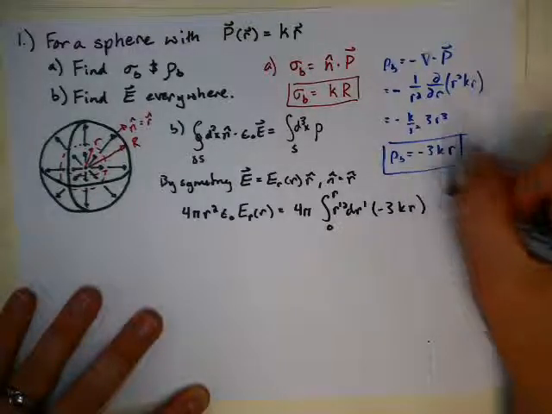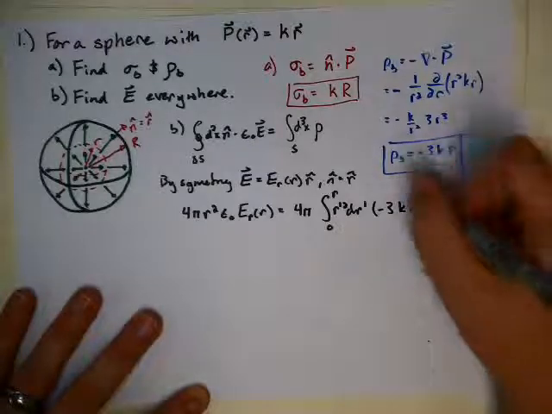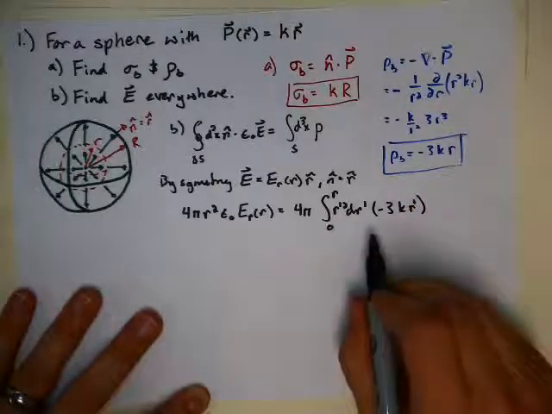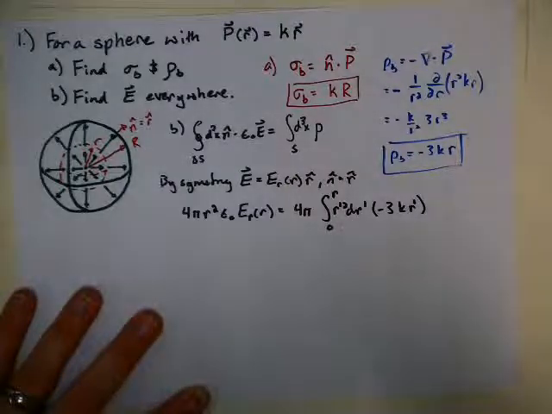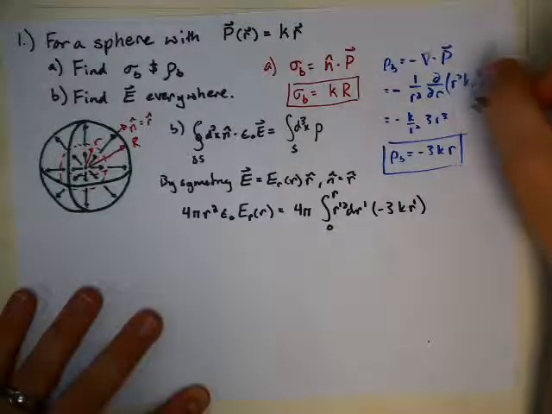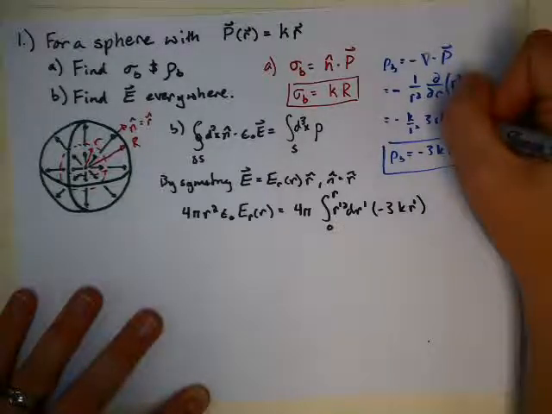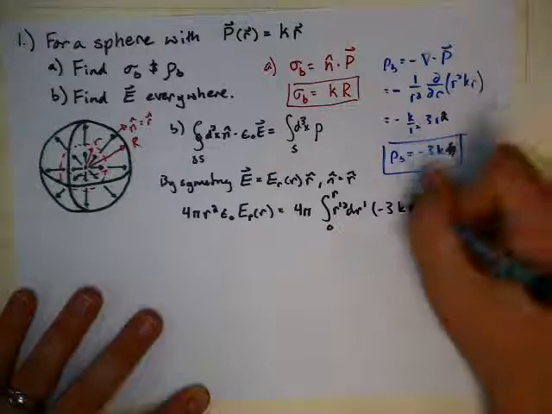Sorry, I had r cubed earlier, but I should have taken a derivative, so the derivative was 3r squared, so it's not going to be r.